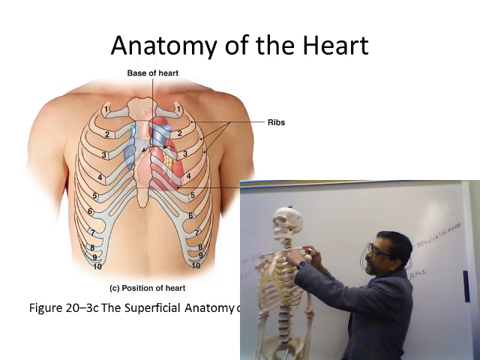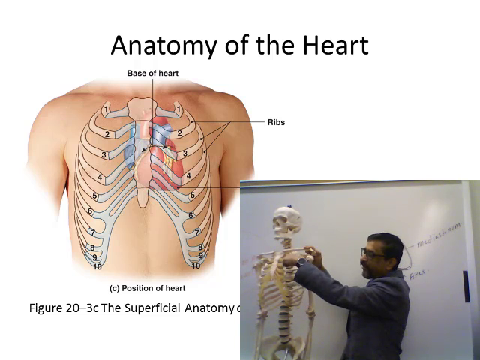So this is third, fourth, fifth here. So this is the location. Upper end is here, second intercostal, and lower end is in fifth intercostal space. And the size of your heart is like the size of your fist. So this is the size of the heart.